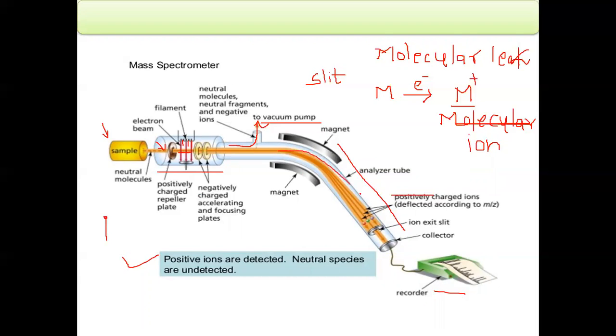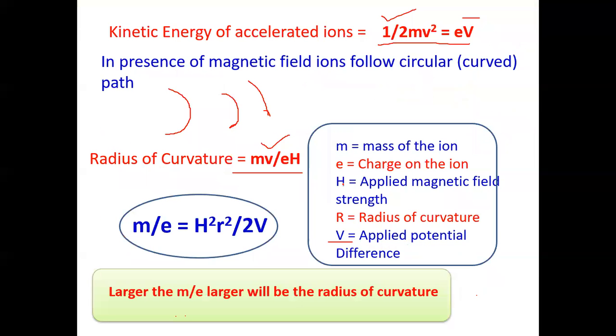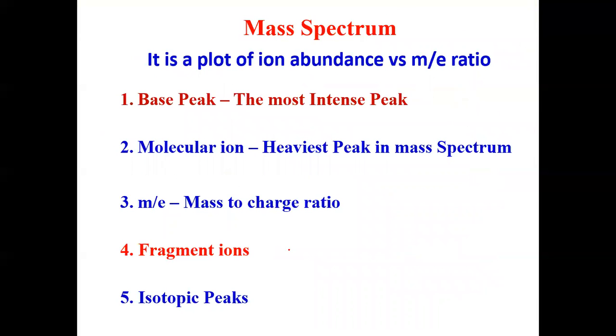If you consider this as a circle, this region will have a large radius and this will have a small radius. So the ions with larger mass will have a larger radius of curvature, and smaller mass ions will have a smaller radius of curvature. Now let us see some parts of the mass spectrum.